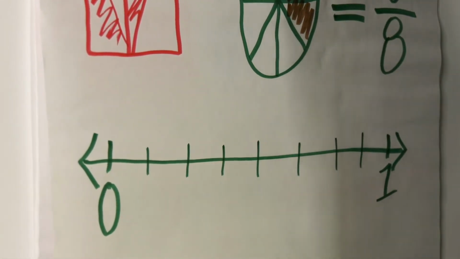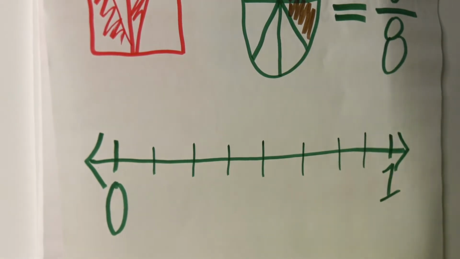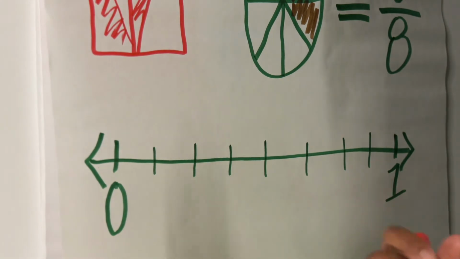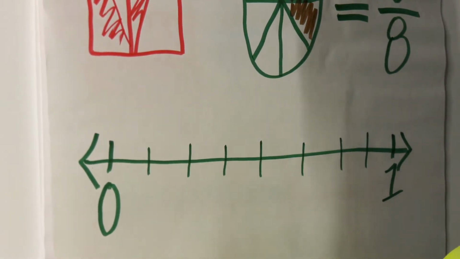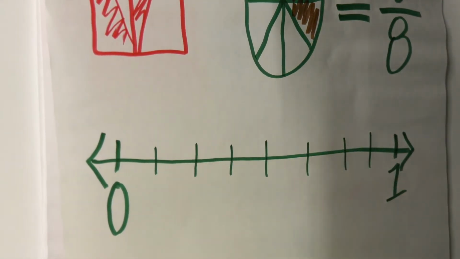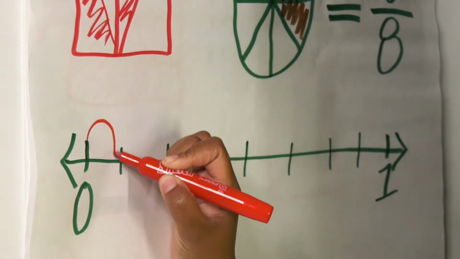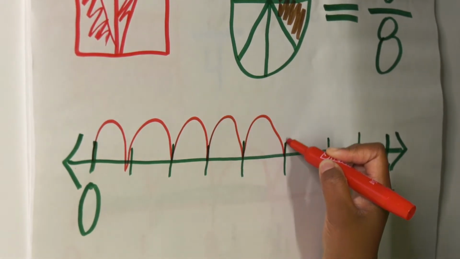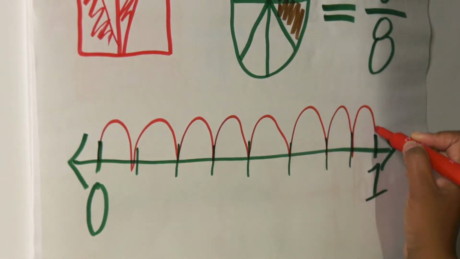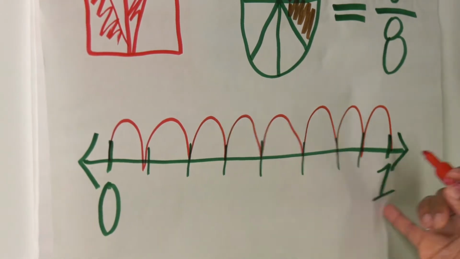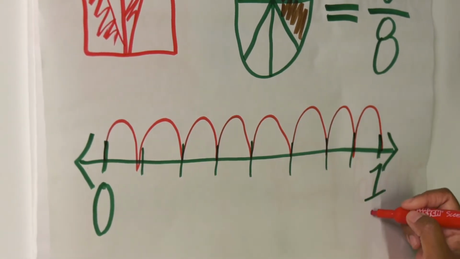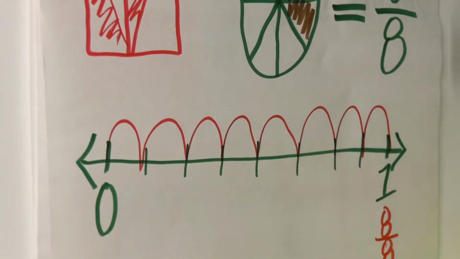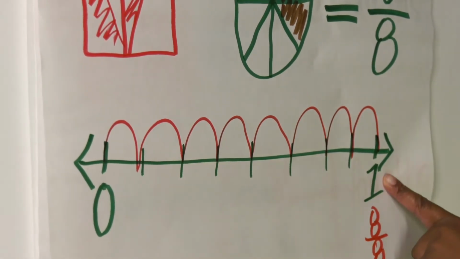Mine may not be exactly perfect in spacing, but that's okay, because remember when you see it, it'll be split up equally. So let's see if I have 8 jumps here. 1, 2, 3, 4, 5, 6, 7, 8. So my 1 whole written as a fraction, you all, is 8 over 8, because 8 over 8 represents 1 whole.